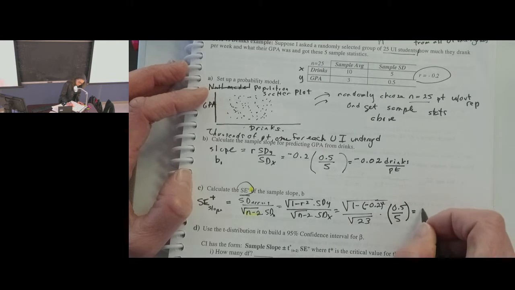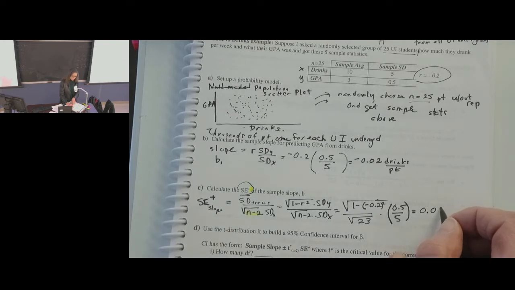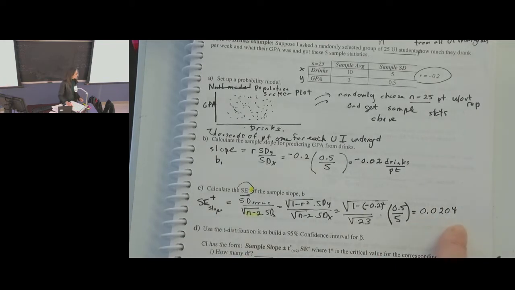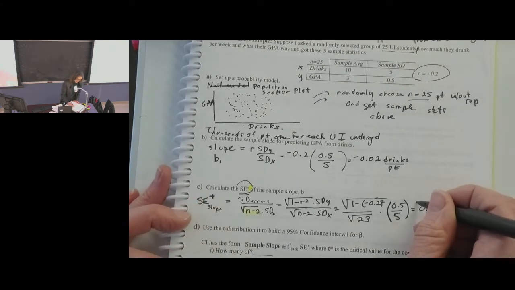And I did that, and I got, it's always, standard error is always positive. These numbers are so similar, so I'm just going to go out to 4 decimals so you won't get these two mixed up. Okay, so that's our standard error for the slope.